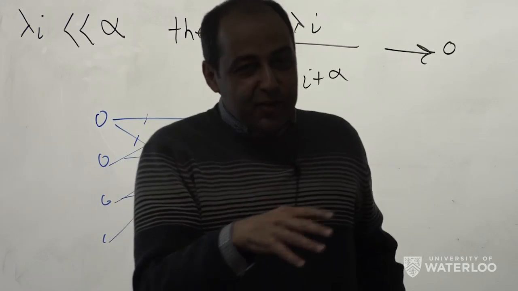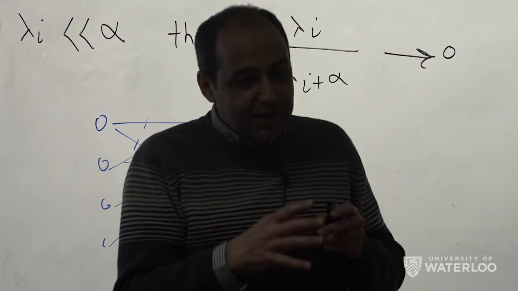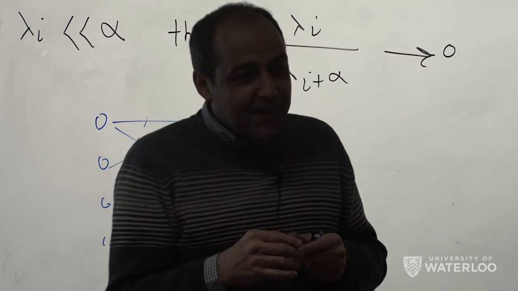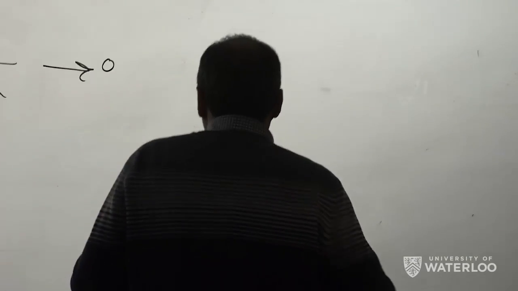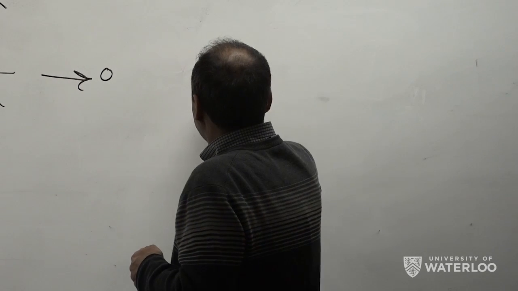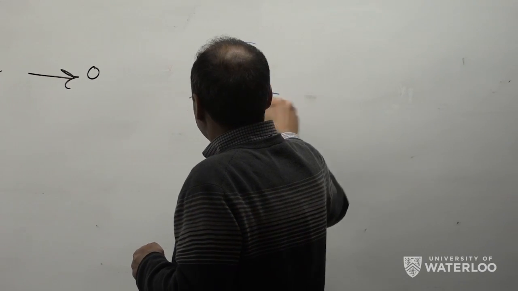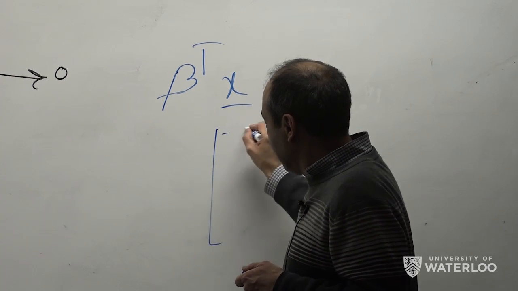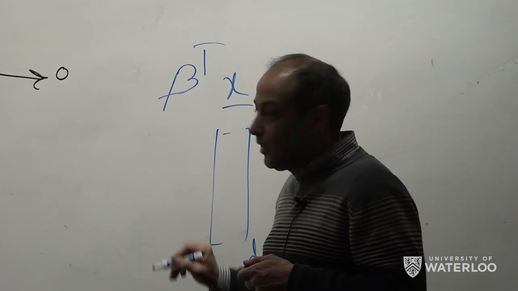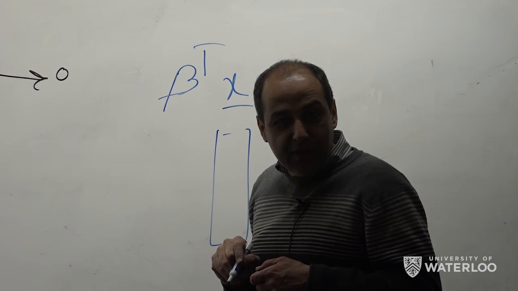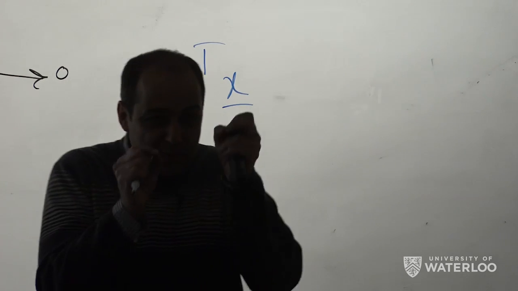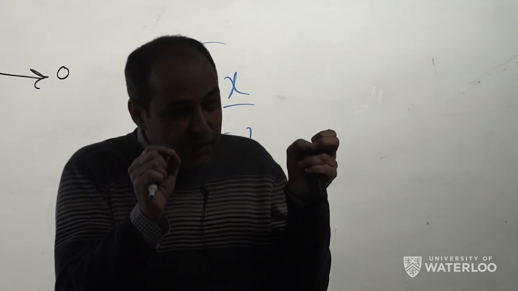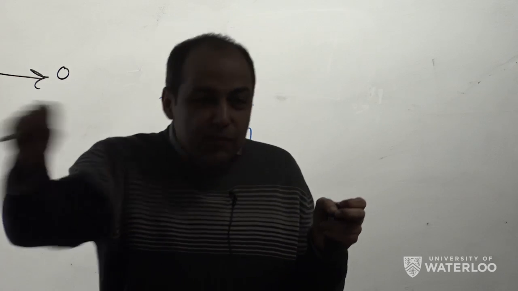Even in your daily life, if you can make your life sparse, it's better than dense. Really, beta transpose X is a linear combination of X. X is a large d-dimensional vector, and you have d parameters here. L2 norm makes some of them small, or all of them small. L1 norm knocks down some of them.